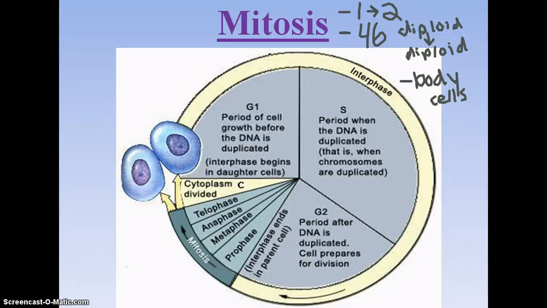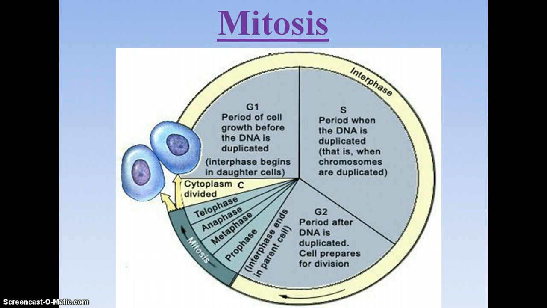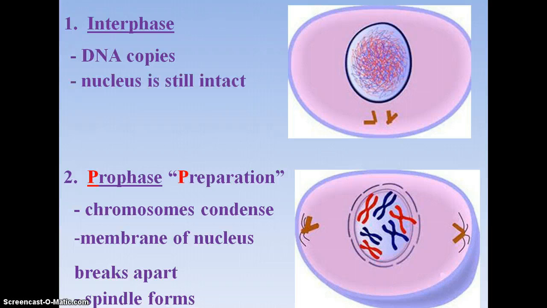So mitosis, think body cells, all the cells in your body. And you guys should remember looking at pictures of these different types of cell or different phases of mitosis. Just for time's sake, I'm not going to read you all of the different phases, but I would go over, take a look at these different phases and what's going on with the chromosomes.